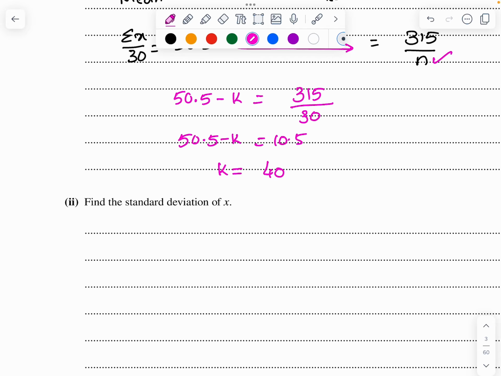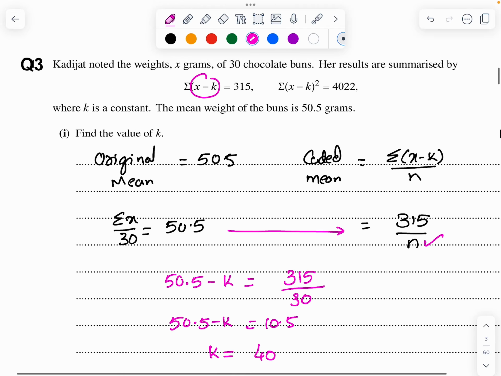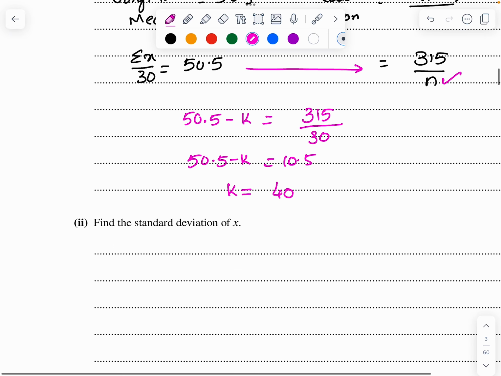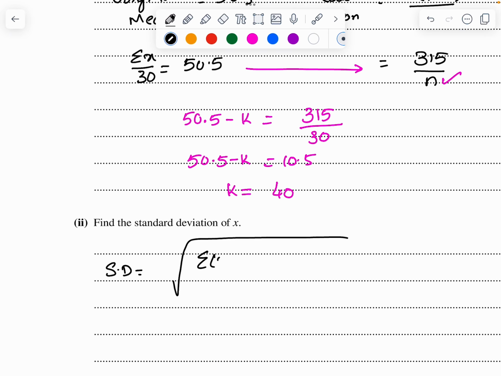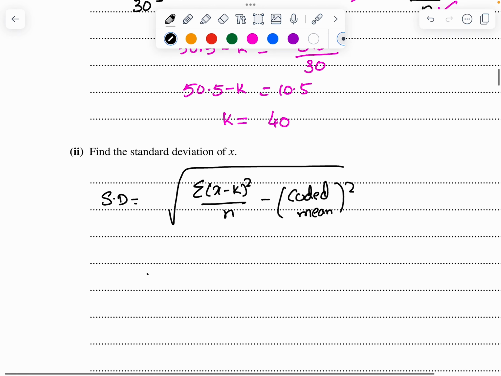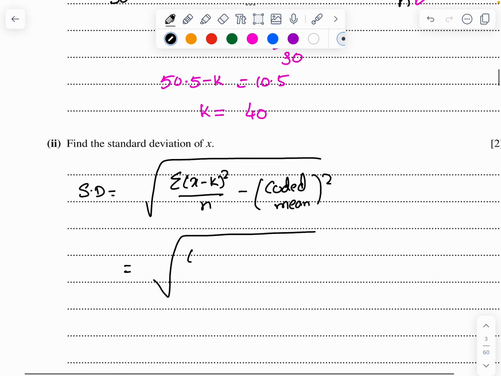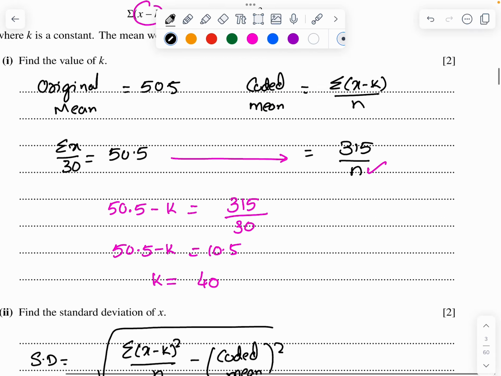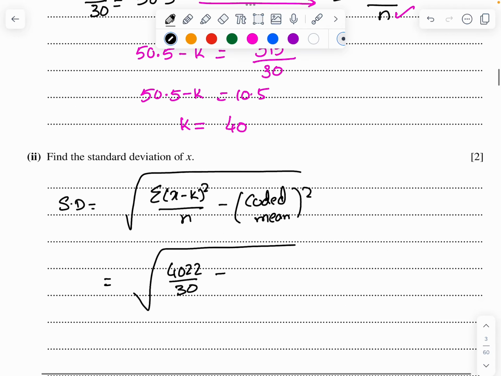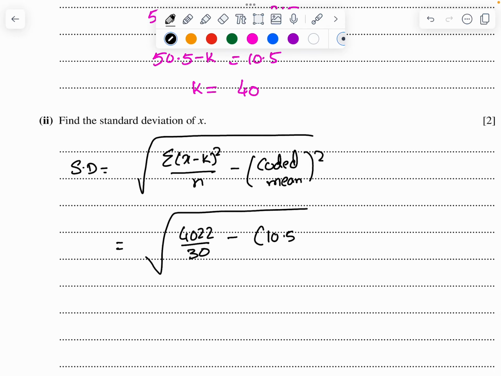Find the standard deviation of x. The standard deviation is the square root of sigma (x minus k) whole square upon n minus the coded mean whole square. Don't forget, it is the coded mean whole square. So the square root of 4022 divided by 30 minus the coded mean, which was 10.5, whole square.